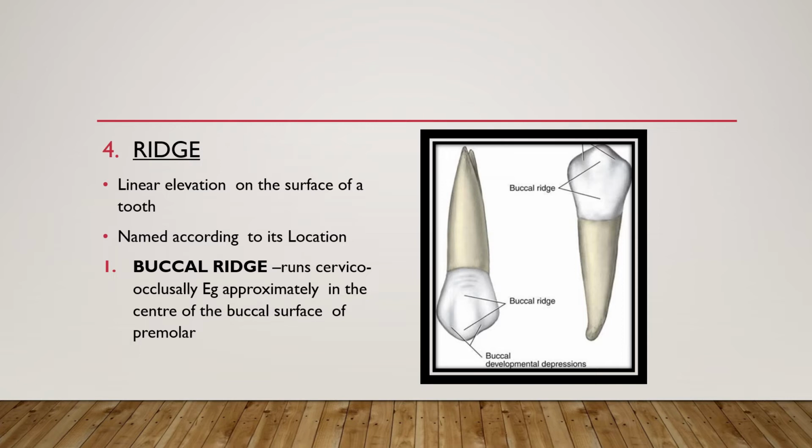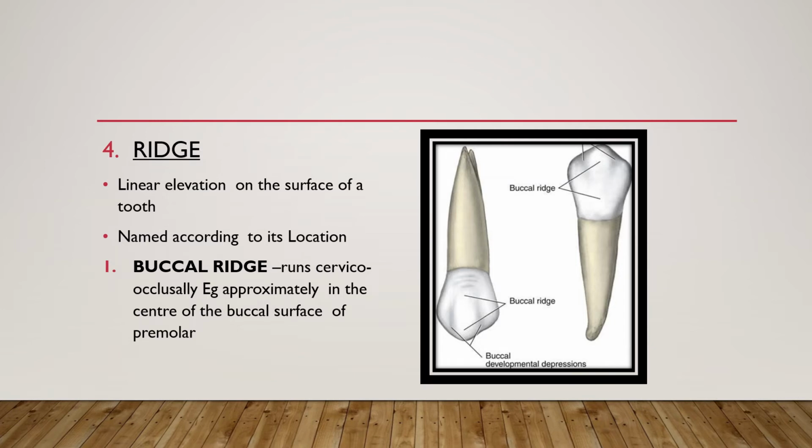Now what is buccal ridge? Buccal ridge is present at the center of the buccal surface of the premolar as you can see in the picture, and it runs from the cervical end to the occlusal margin.